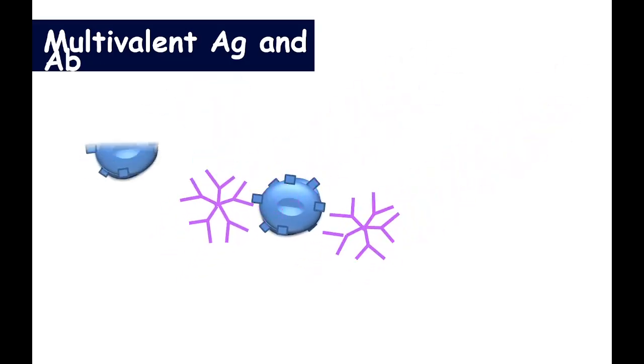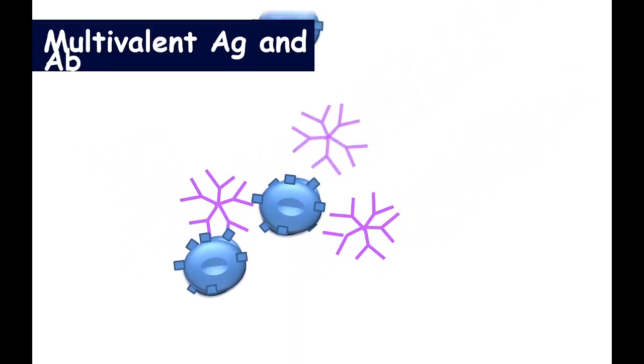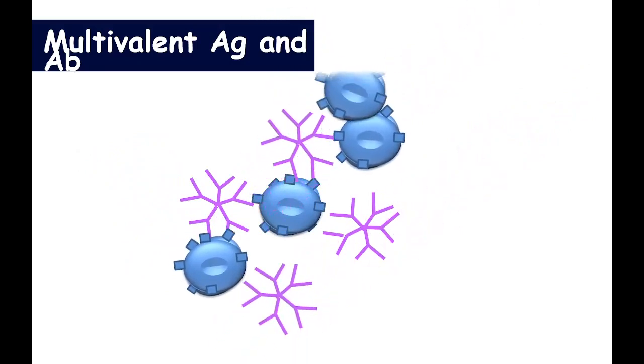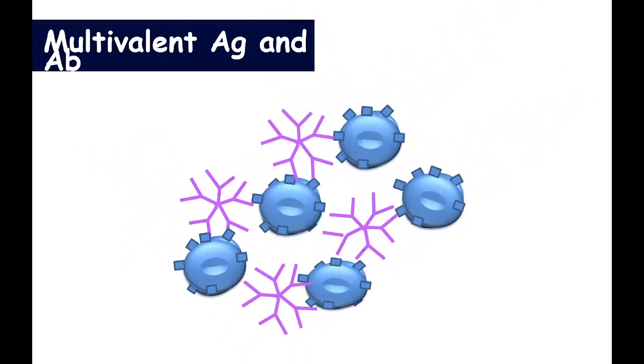In this animation, we can find the reaction of multivalent antigens and antibodies. So the blue structures are the antigens with multiple binding sites, and for the antibody, we have here IgM.